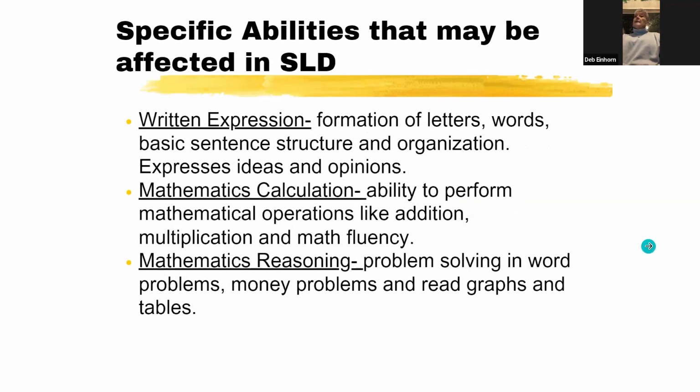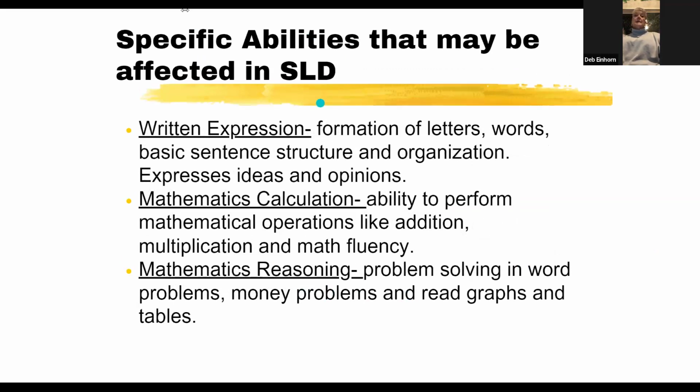Then written expression is manifested in being able to form letters, words, basic sentence structure and organization, and being able to express ideas and opinions in writing. And that could be because they don't understand the morphology of language, that certain letters go with certain sounds.